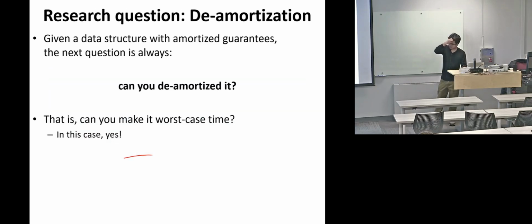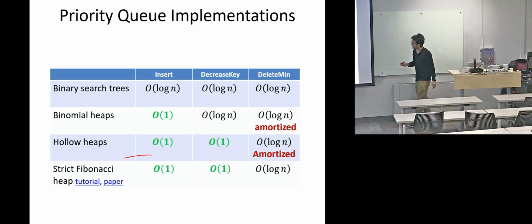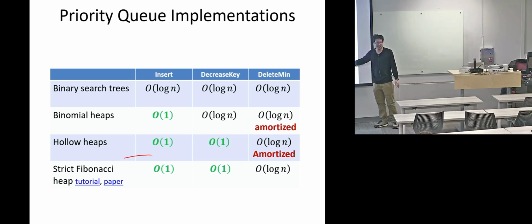Okay. So my point is, whenever you get an amortized algorithm, people can ask, can you make it worst case? And in this case, it turns out that the answer is yes. There is some data structure such that you get this same bound, and it's all worst case. It's really complicated though.